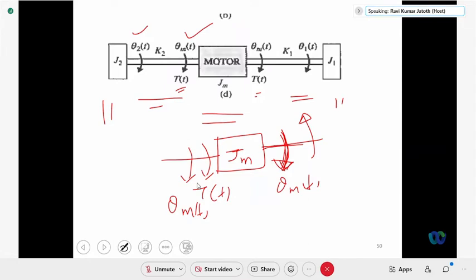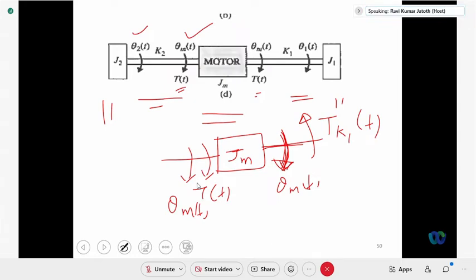To get the displacement through the same spring, the same thing, this direction and that direction, this end and that end. So this spring force and the spring torque will be in the opposite direction, right? So this is Tk1 of t. All right. Getting or not? Yes, sir.